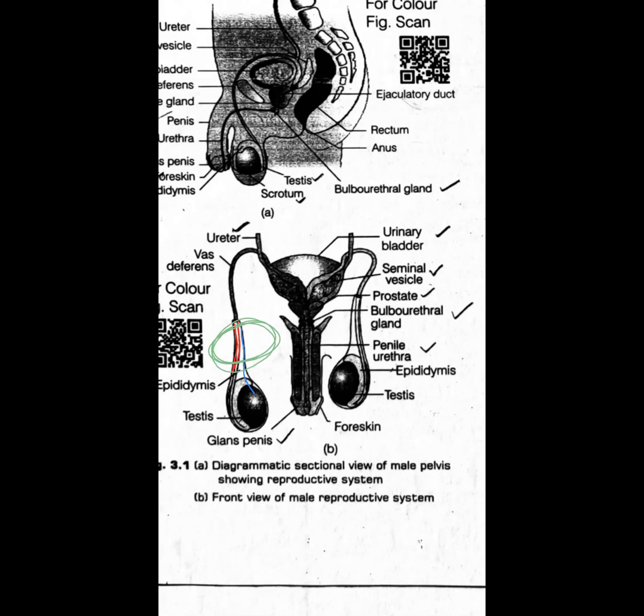So it is a passage which has the spermatic cords making the testis suspend in the scrotum, and it also contains the vas deferens, which is going to ascend up, carrying the sperms. Clear, students?